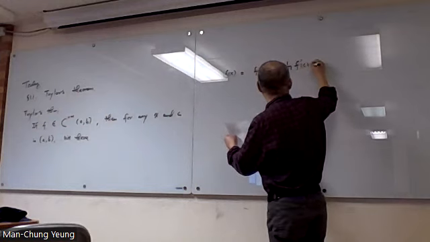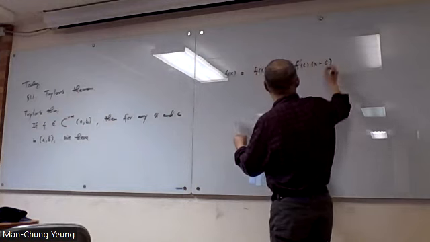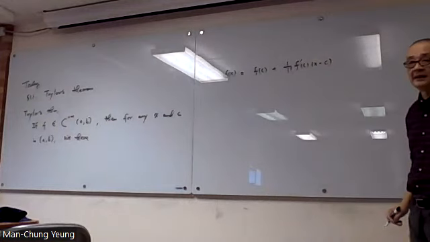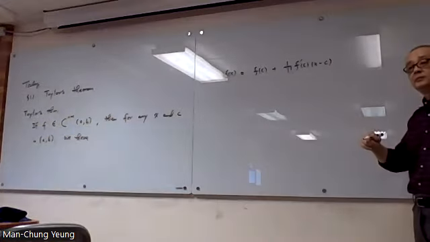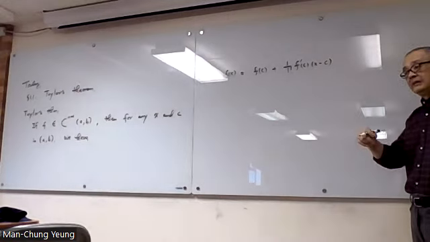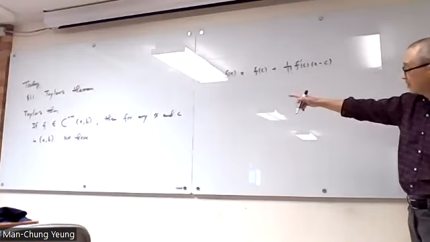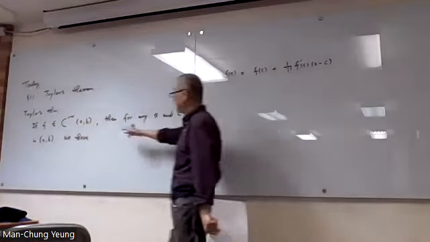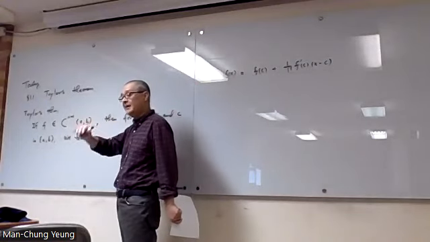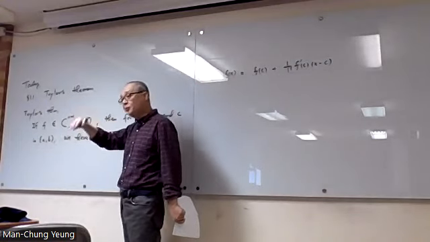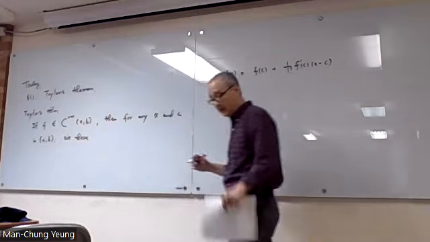times the derivative at c, times (x minus c). The derivative at c is assumed to exist because the function is from the set, so the function has derivatives up to order n plus 1.